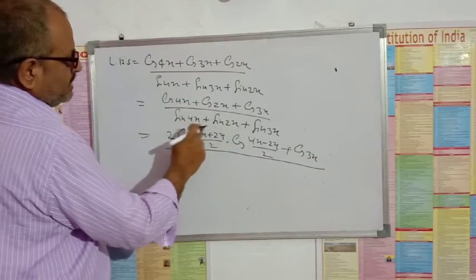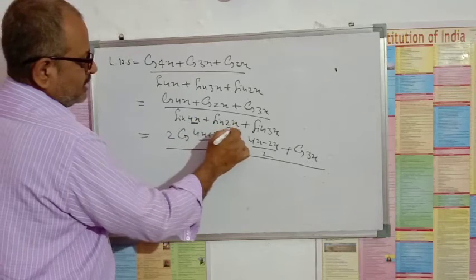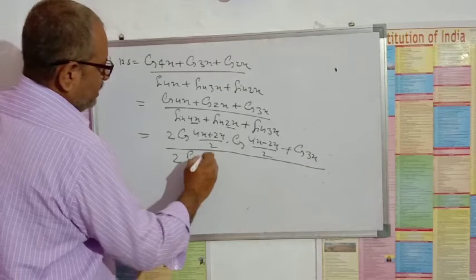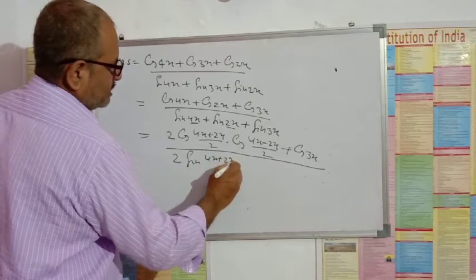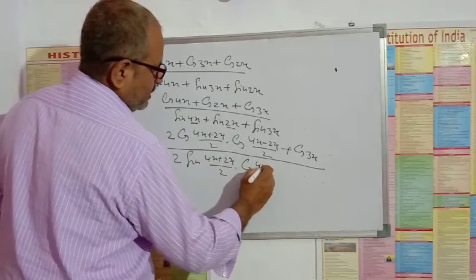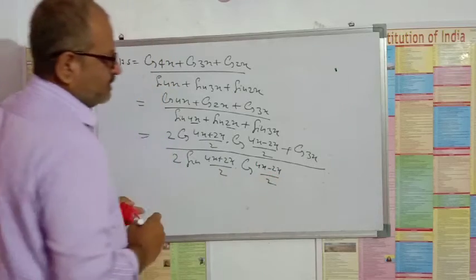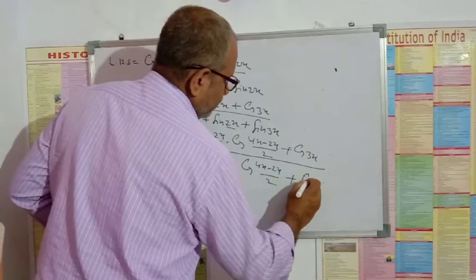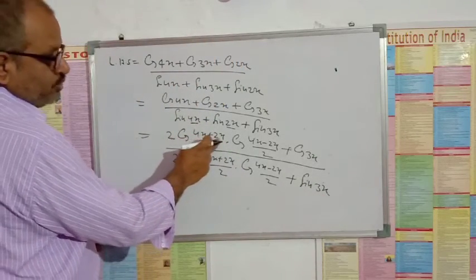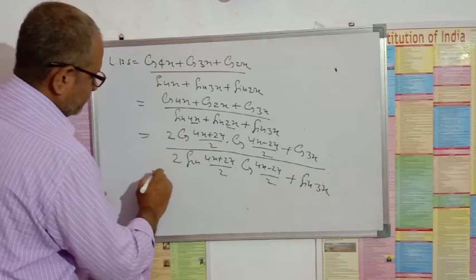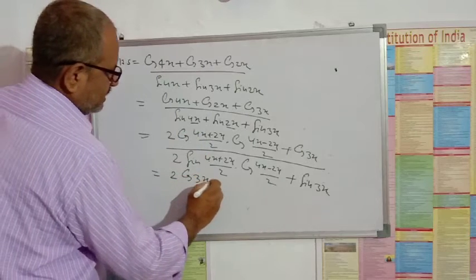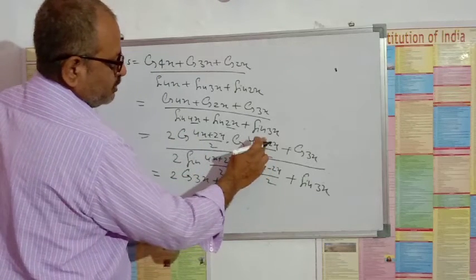In the denominator, sin A plus sin B, where this one is A and this is B, is 2 sin (A plus B)/2 into cos (A minus B)/2. So 2 sin (4x plus 2x)/2 into cos (4x minus 2x)/2, plus sin 3x. 4x plus 2x is 6x, 6x upon 2 is 3x. 4x minus 2x is 2x, 2x upon 2 is x.